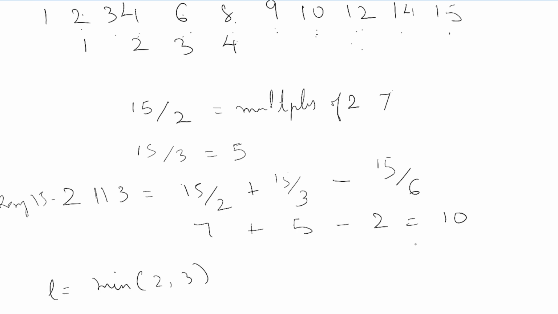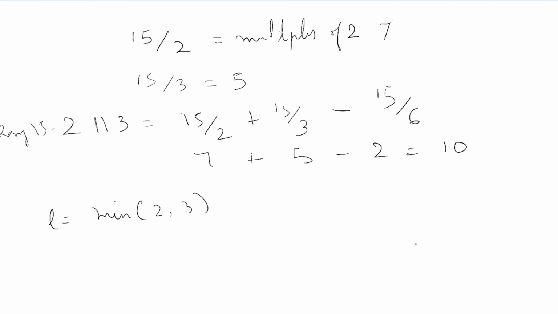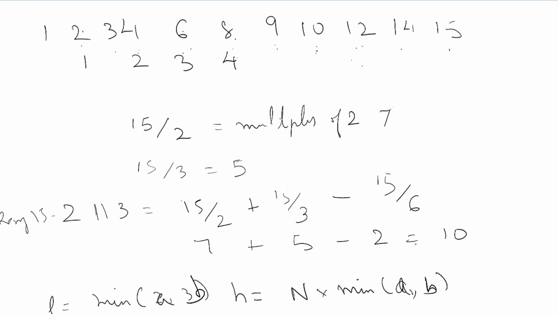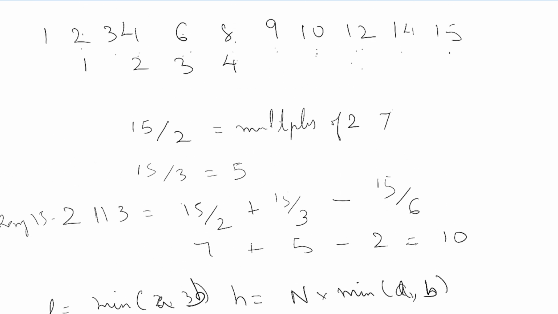The first multiple of 2 or 3 will be 2, and H will be n into the minimum of A comma B. This is our A, this is our B. Since the maximum answer will be the nth multiple of the minimum of 2 or 3.